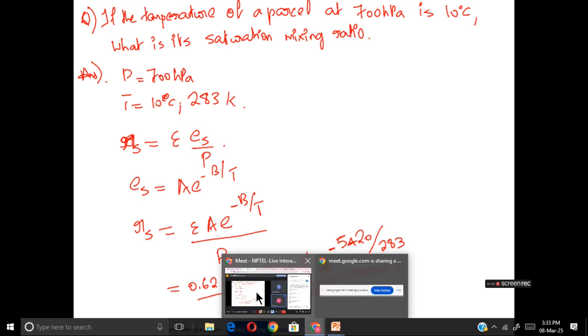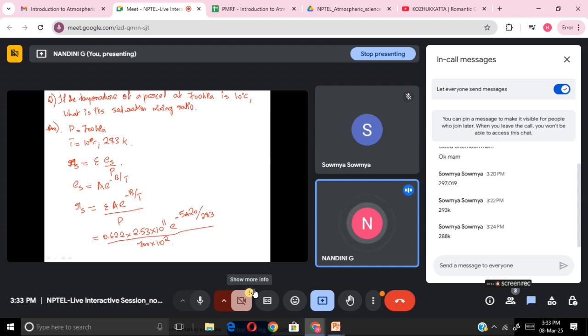How much will it be? What will be the saturation mixing ratio? Yes, the value is around 0.01.